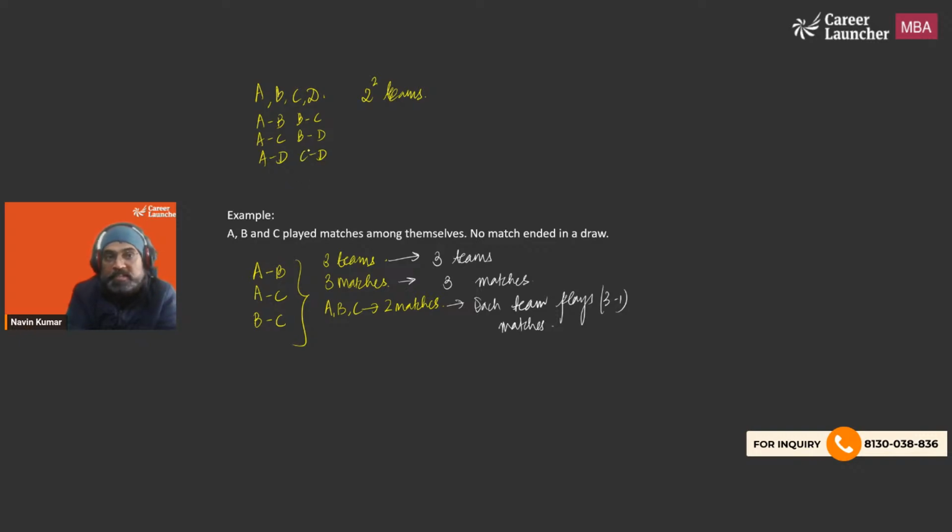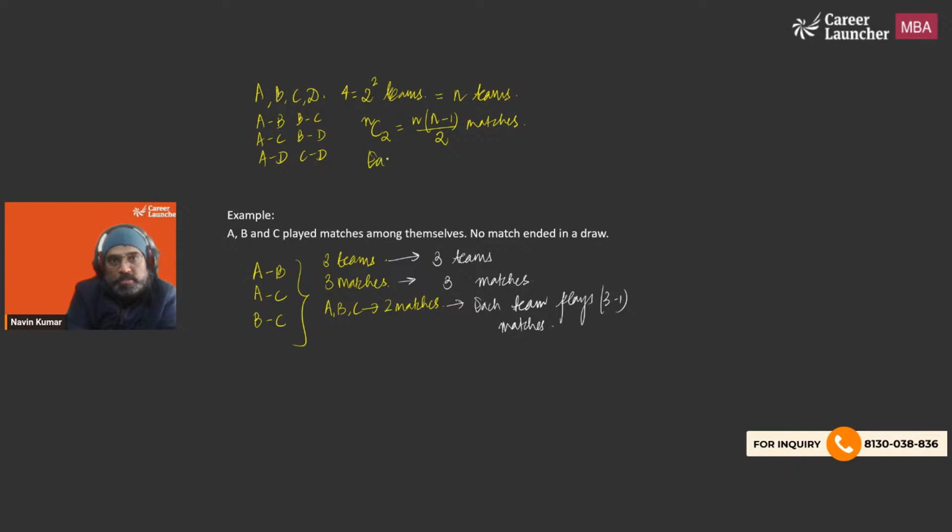So you will find that there are a total of 6 matches that have happened. If I generalize this, if there are n teams or n players, we are going to have nC2, which is n into n minus 1 whole divided by 2. These many matches are going to be played.